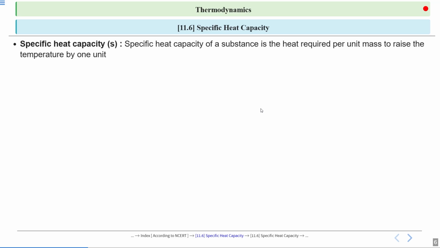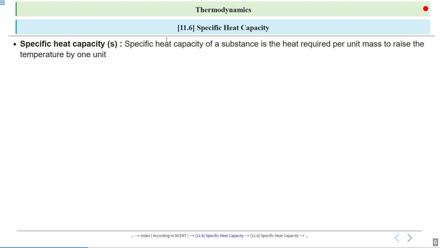So first is specific heat capacity. As the name suggests, specific, here we talk about any specific thing. So the specific heat capacity of a substance is the heat required per unit mass to raise the temperature by 1 unit, or 1 Kelvin or 1 degree Celsius.